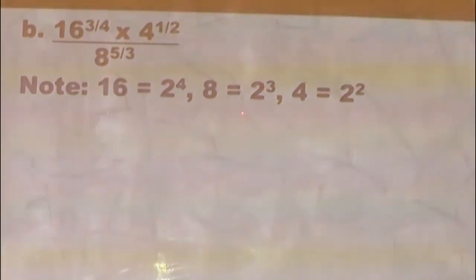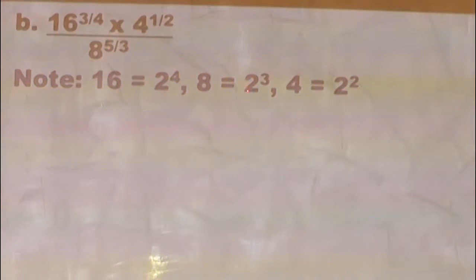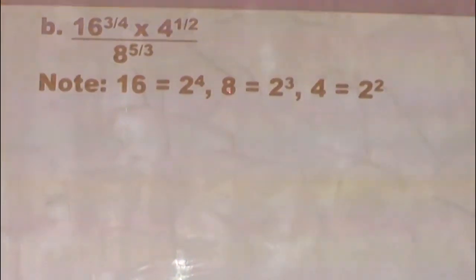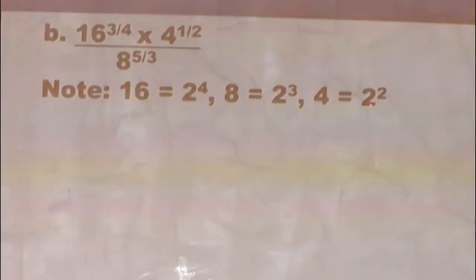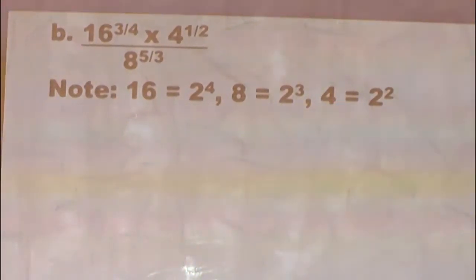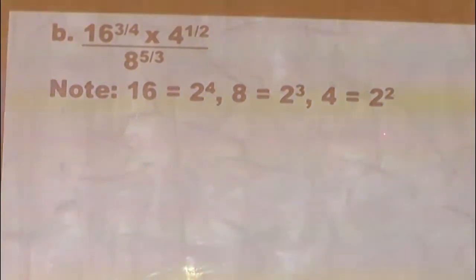That is to show that if you multiply this 2 into 3 places, you are going to have 8. This 4, if you express it to the value of 2, you are going to have 2 raised to the power of 2. That is 2 times 2.